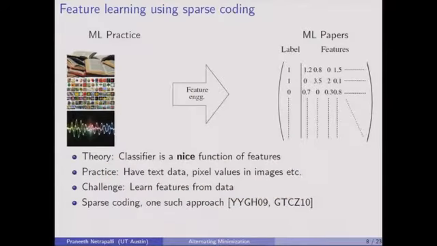This decomposition problem has many applications, in particular in image processing such as compression, denoising, and so on. I'll briefly talk about one application which is relevant to machine learning. The application that is relevant to machine learning is classification. In theory, most of the classification algorithms assume that the underlying classifier is a very nice function of the features, say linear classifier or polynomial classifier or something like that.